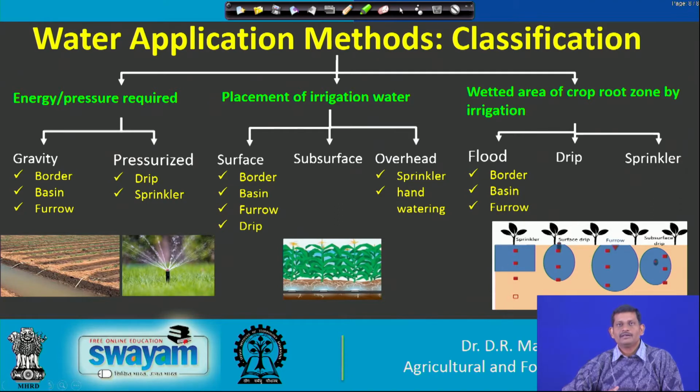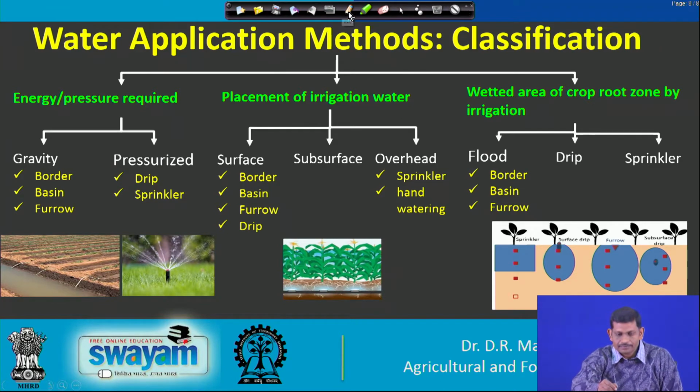Flood irrigation mostly gives a rectangular soil moisture pattern, because the water is applied throughout the field at the same time. Then there is basin irrigation, furrow irrigation, and drip irrigation.